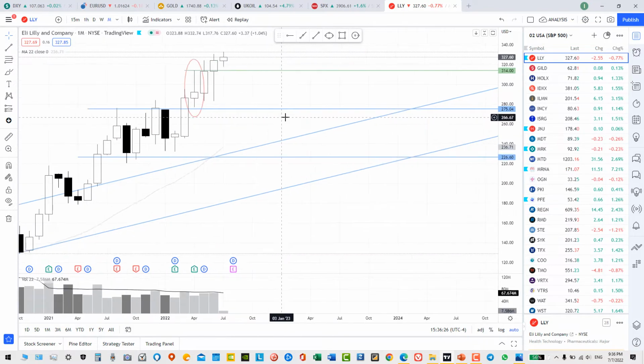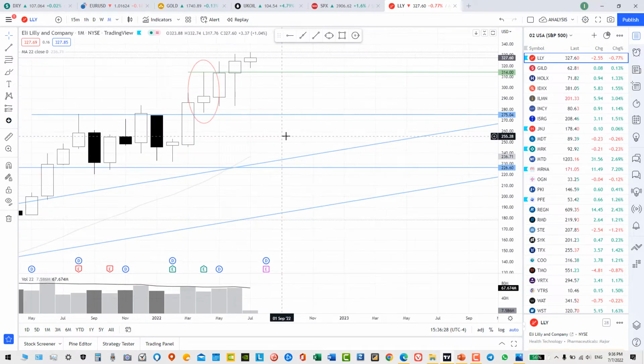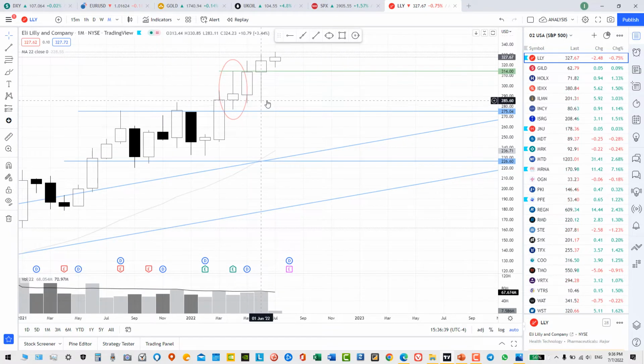Concerning the candlesticks of the monthly chart, I think this candle is very important. The candle of June is looking like a hanging man. And its lower shadow is very important to always be intact and never be broken in order to keep the healthy outlook of the stock over the long term.